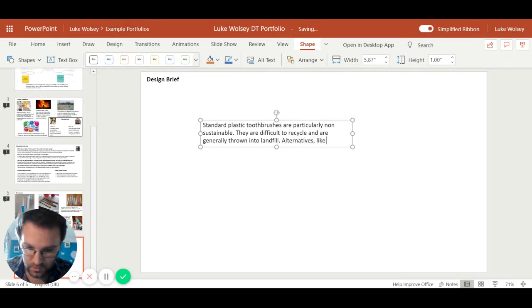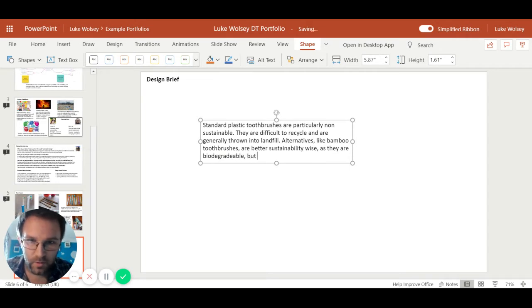Alternatives like bamboo toothbrushes are better sustainability wise, as they are biodegradable, but they suffer from slight hygiene issues.